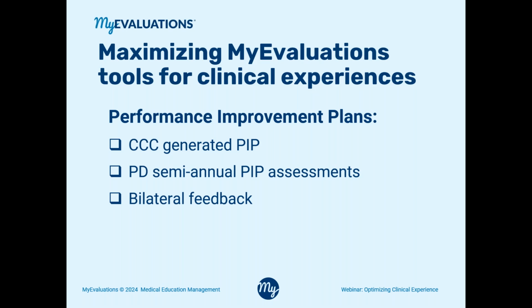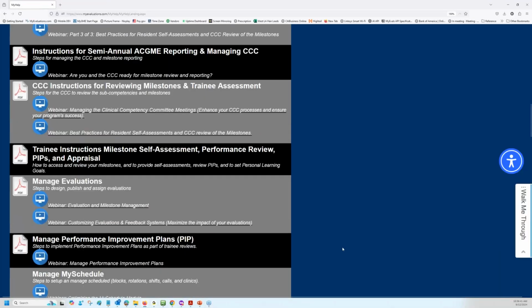I encourage you to learn specifically about the PIPs. Under the menu option, My Help, we have a standalone document and webinar on managing performance improvement plans, steps of how to implement performance improvement plans. And there's a separate webinar, separate document for trainee instructions on how to do their self-assessments, performance reviews, PIPs, and appraisals.